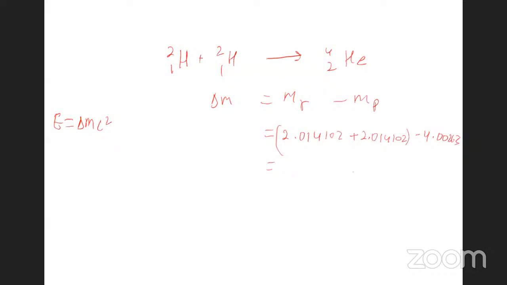How much is that? Gotta be exact, no rounding up. Absolutely no rounding up. What's the third number? 4.00263. Anybody online? How much did you all get?